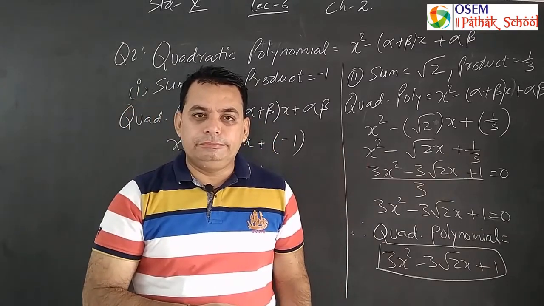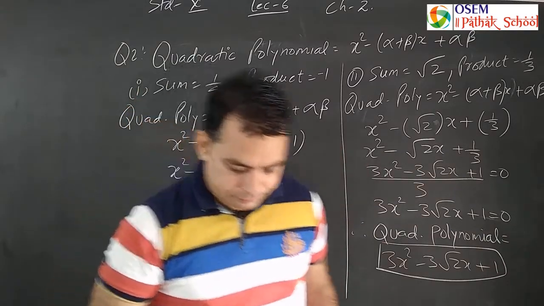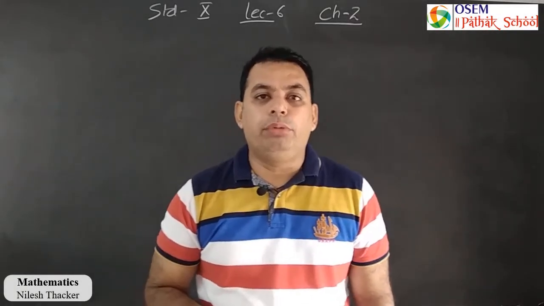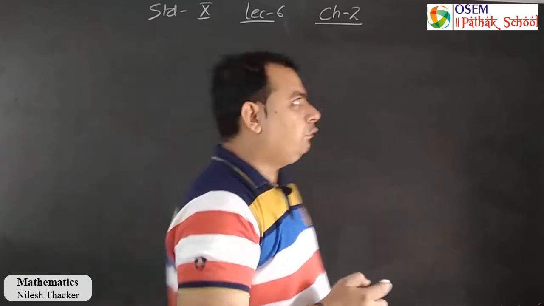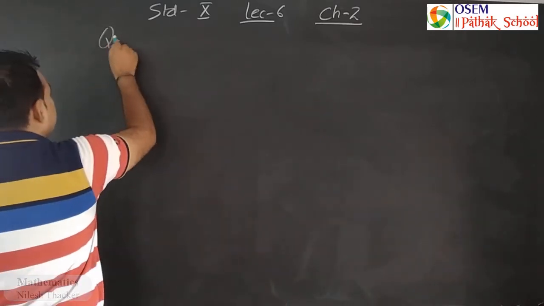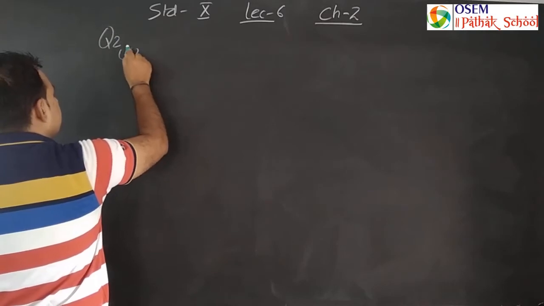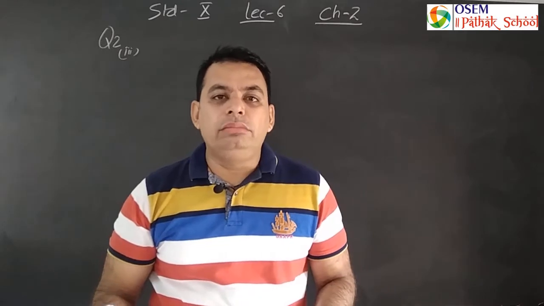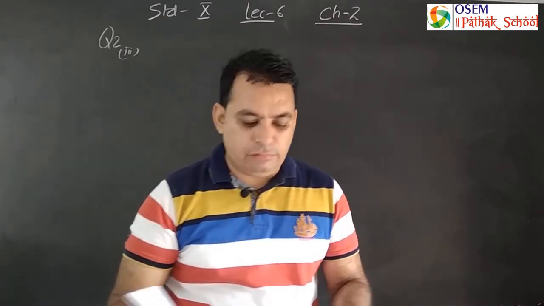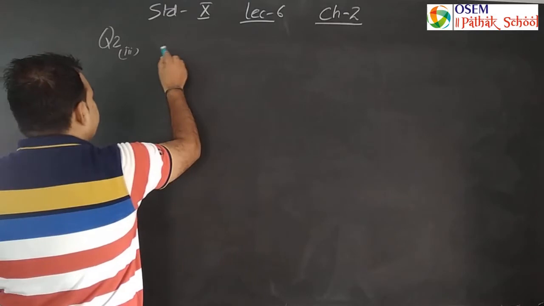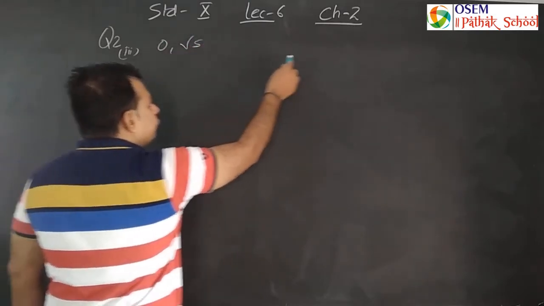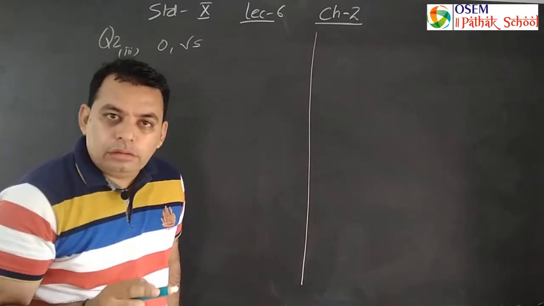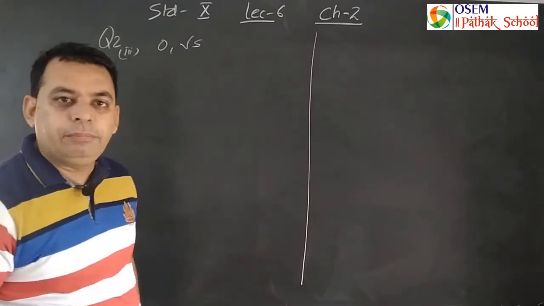Got the topic? Okay, dear. Now students, I am solving another question related to the quadratic polynomial, the third one of question number 2. You have been given the sum as 0 and the product as root 5. The first number is always the sum and the second one is the product.